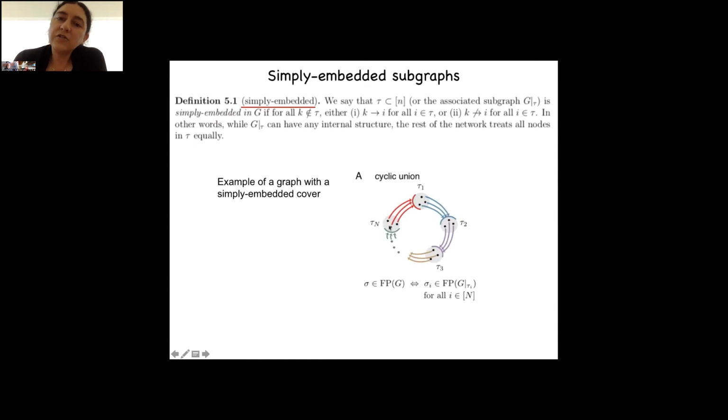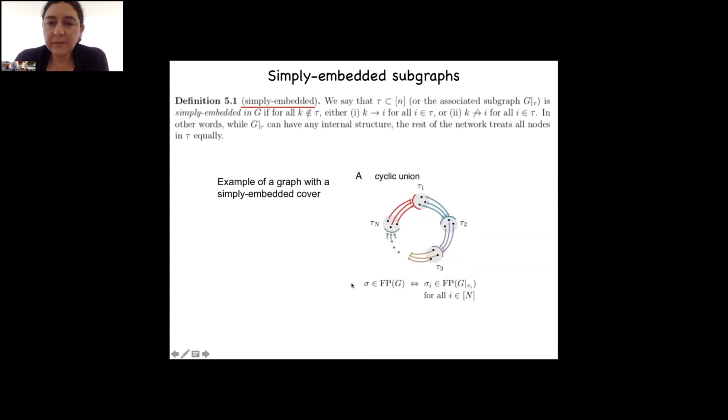But they are strung together in this particular way, where all the neurons from tau 1 have an edge to all the neurons in tau 2, and so on. This construction is called a cyclic union, and it is one of many constructions that guarantees that these subgraphs will be simply embedded in the larger network. So this guarantees a nice embedding of these graphs in the larger network.